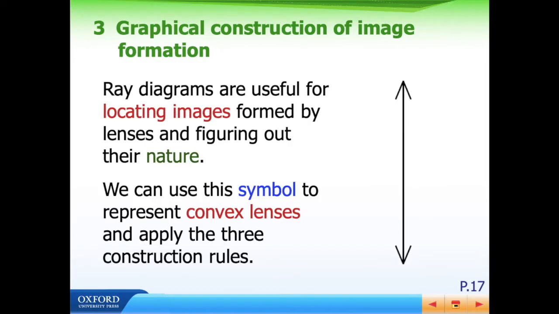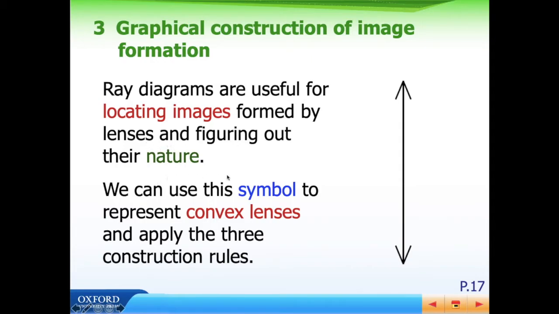Now here we are going to learn how to determine the image formed by a convex lens using a graphical method. In order for us to do that, we have to employ these important notations or symbols so that we can perform the construction in an efficient manner. Ray diagrams, by the way, are useful for locating images formed by lenses and figuring out their nature.